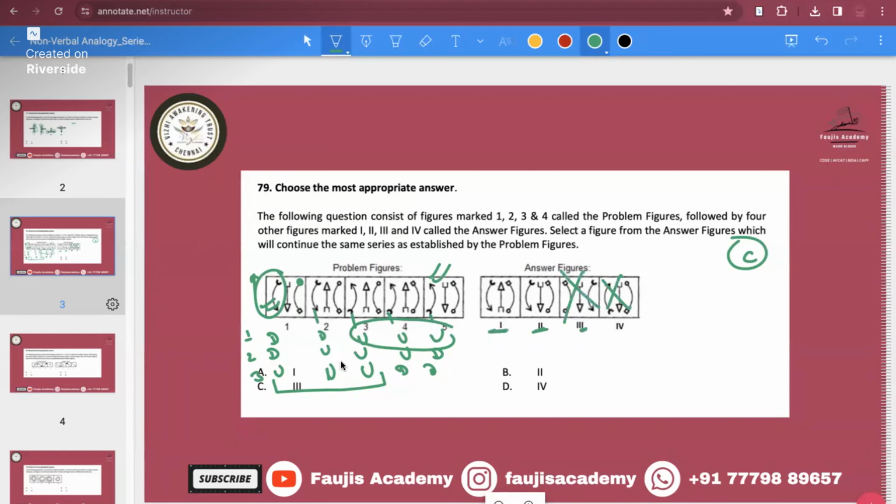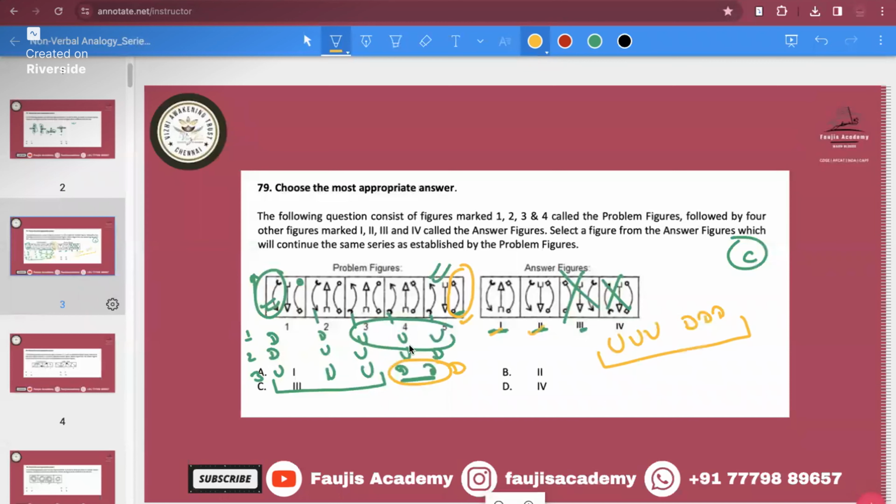In the third one, down, down, down. This one, third element. Let me change the color. This one will be down. One more time down. 3 times up, 3 times down. This is the series going on for each of the elements, guys. So 1 and 2 both are possible. We cannot eliminate that.